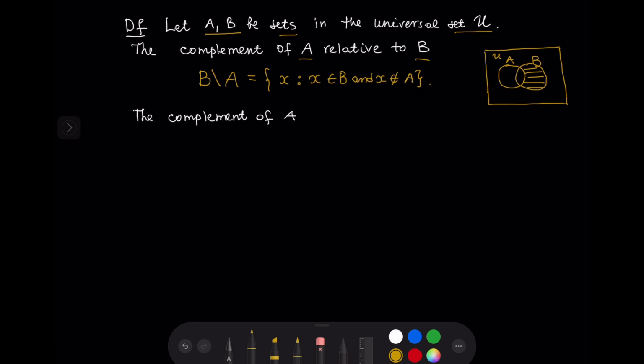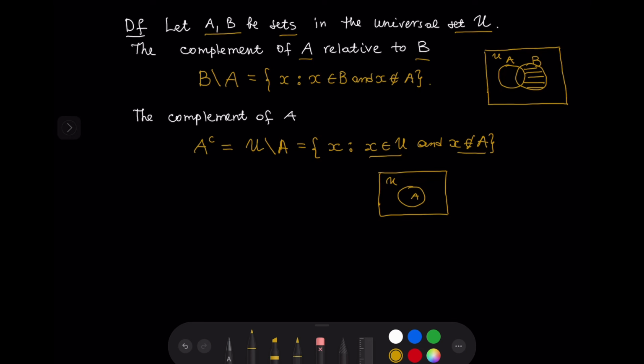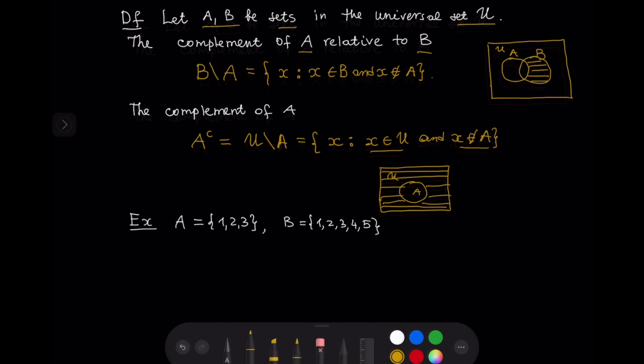All right, and in general, if we say A complement, then we mean that this is the complement of A in the universal set U, so this is U minus A. So this is the set of all X such that X is in U and X is not in A. And on the Venn diagram, A complement looks as follows, is this shaded set.